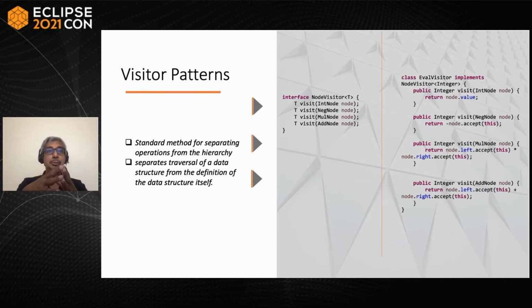Essentially, you have a node and you traverse through different nodes with different operations. If you have an interface node visitor that takes each of int node, neg node, etc., and then you define a visitor which goes through each of these nodes, and each of these nodes will have an accept method which takes in the visitor.